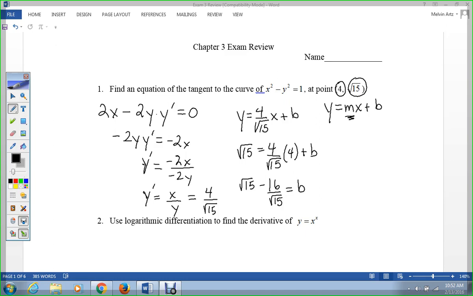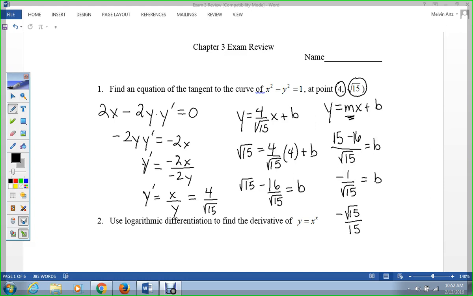And we could get a common denominator. So here we would get 15 minus 16, all divided by the square root of 15. That is negative 1 over the square root of 15. And if we rationalize the denominator, we'd have negative square root of 15 all over 15.